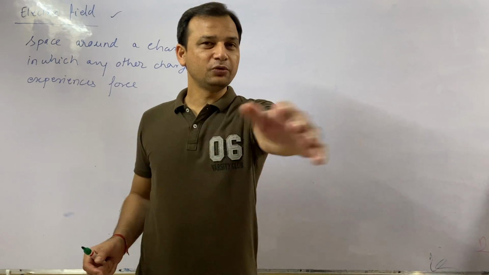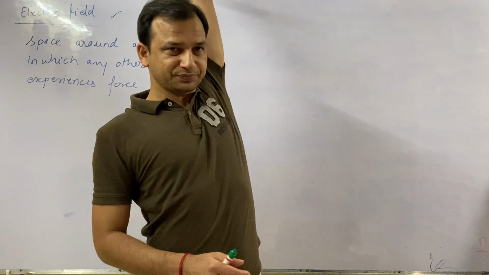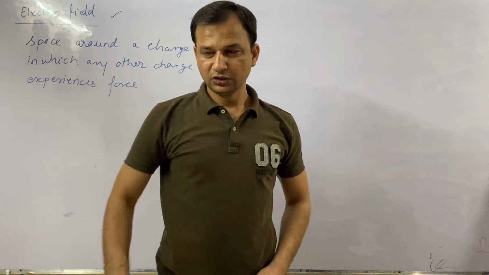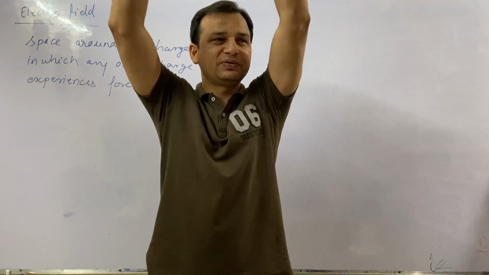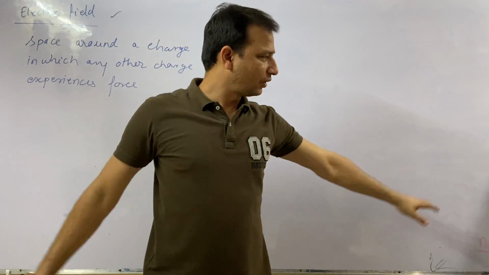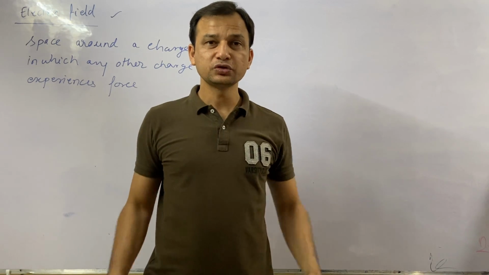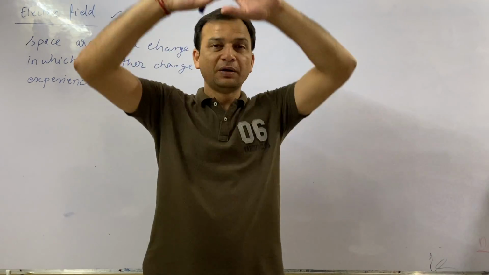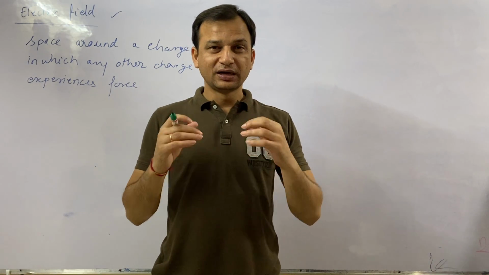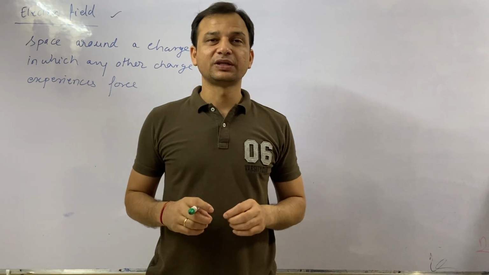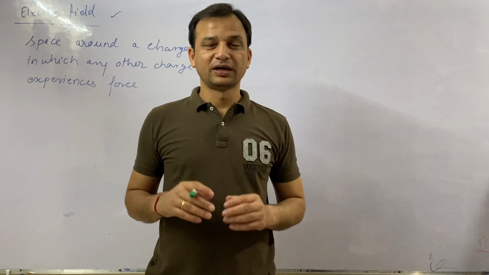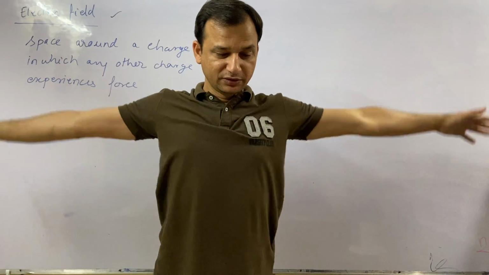So if I move my hand like this and this hand like this, there is a range within which I will be able to apply force on any object. That would be called my field, provided I'm staying here without moving.